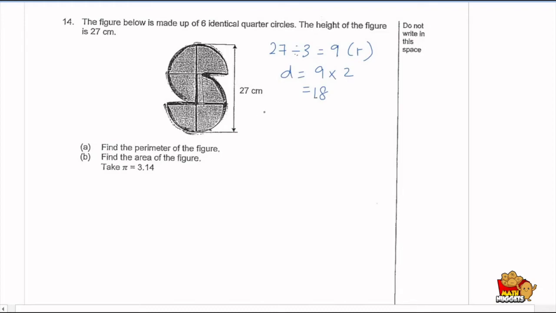So find the perimeter of the figure. I need to find out the total curves, all the arcs, okay? I'm just going to find out one arc first. They are all quadrants, so I'm going to find out 1/4. So 1/4 times 3.14 times diameter, which is 18.